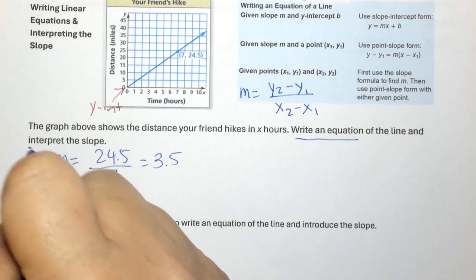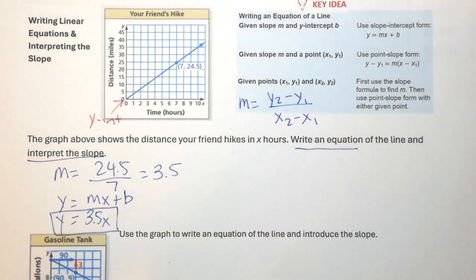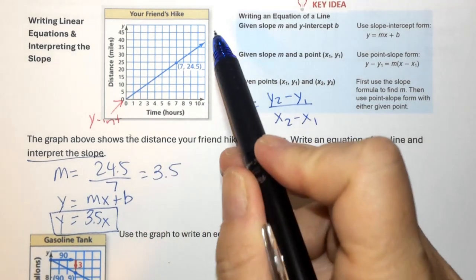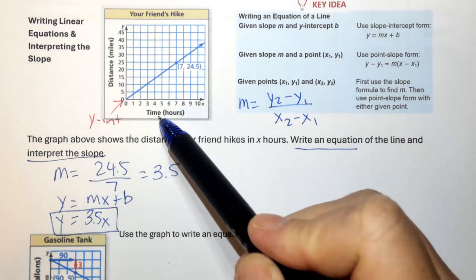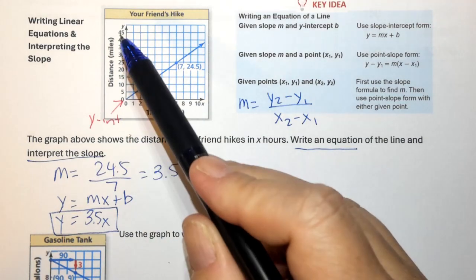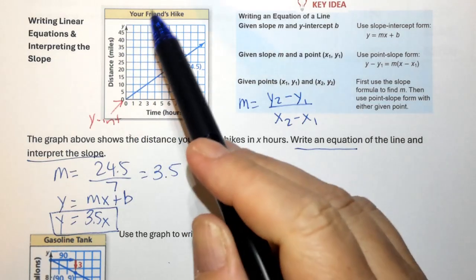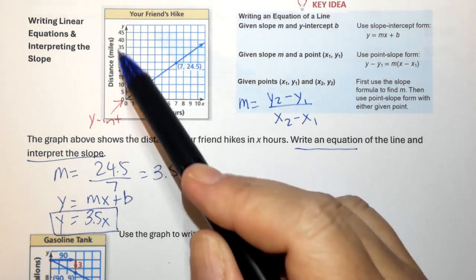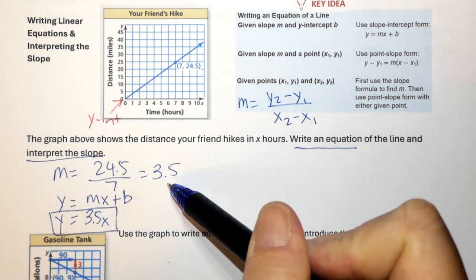Now we need to interpret the slope. So what does the slope mean? Well, we know it's increasing, so something is happening per hour. That's what we're looking for. What is happening per hour? We have distance, so how many miles per hour is our friend hiking? Miles per hour. If we look, we found our slope is 3.5.